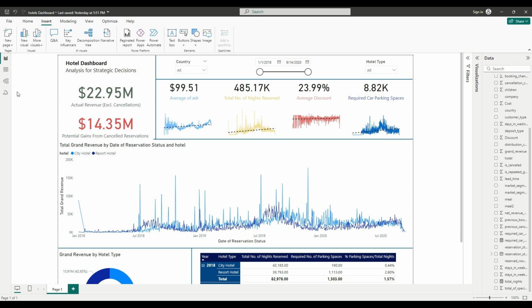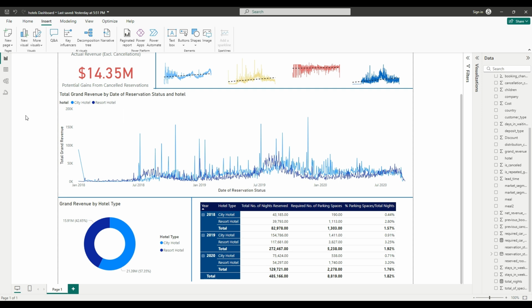Then what we did, let's take a look at this graph first, is we take a look at the total grand revenue by date of reservation status and hotel. So the date is basically the date factor in the database for us. And what we see is that the hotels are divided into two types. The first is a city hotel and the second is a resort hotel.